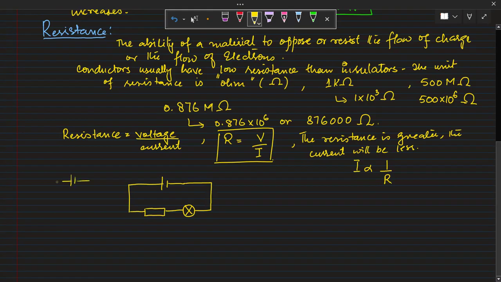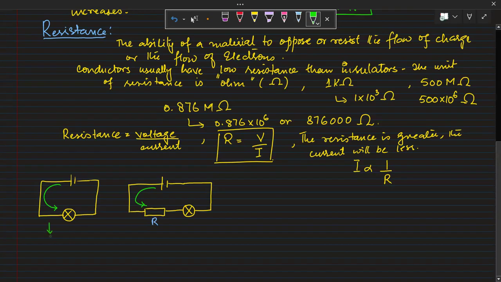And another circuit where we do not have the resistance but have the lamp directly connected to the cell. The difference between them is that the current flowing through this circuit and through that circuit would be different, number one. Number two, the brightness of the lamp would also be different.